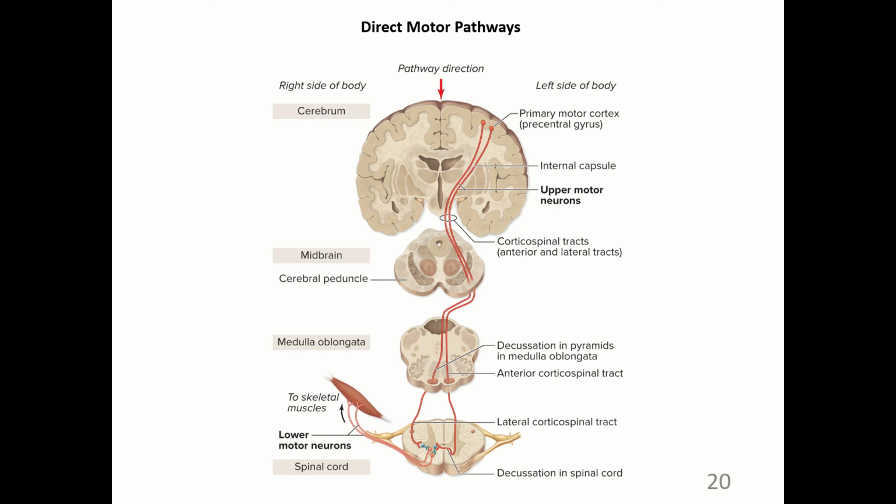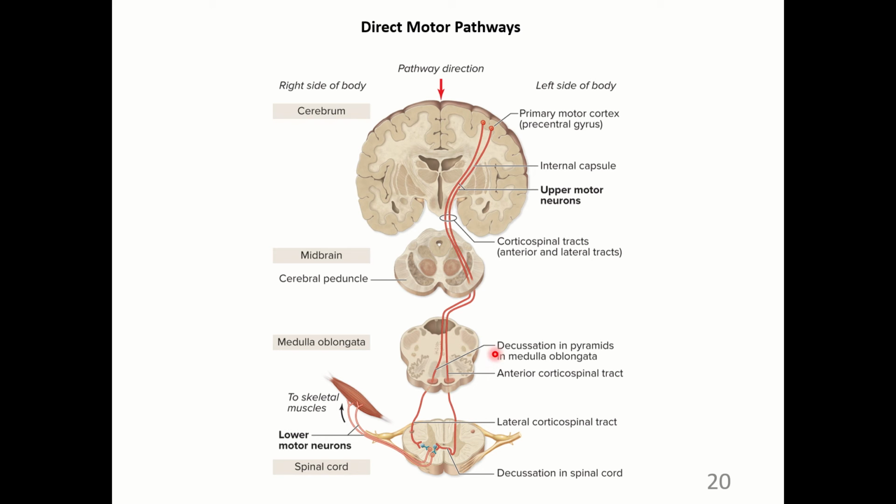This illustration shows the direct motor pathway. Here, the first order motor neuron originates in the primary motor cortex. It then travels down to the medulla oblongata, where it will then decussate or cross over.